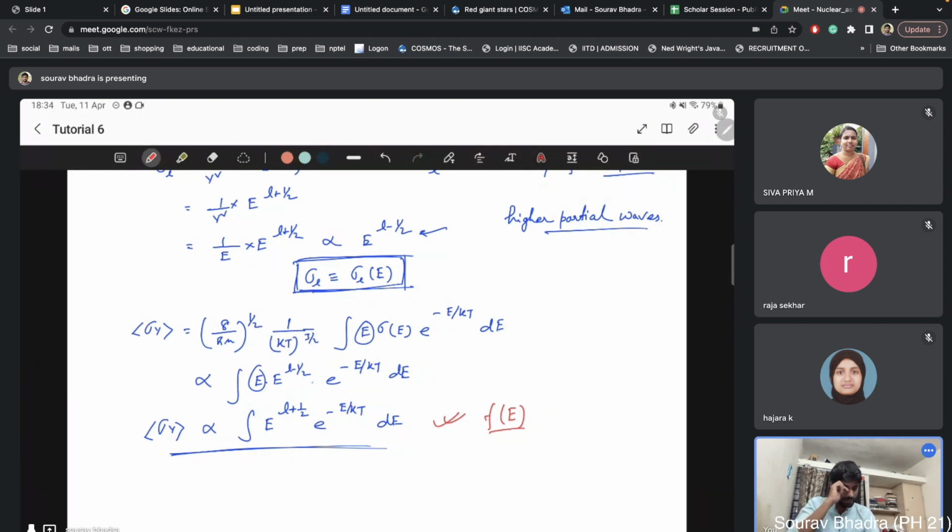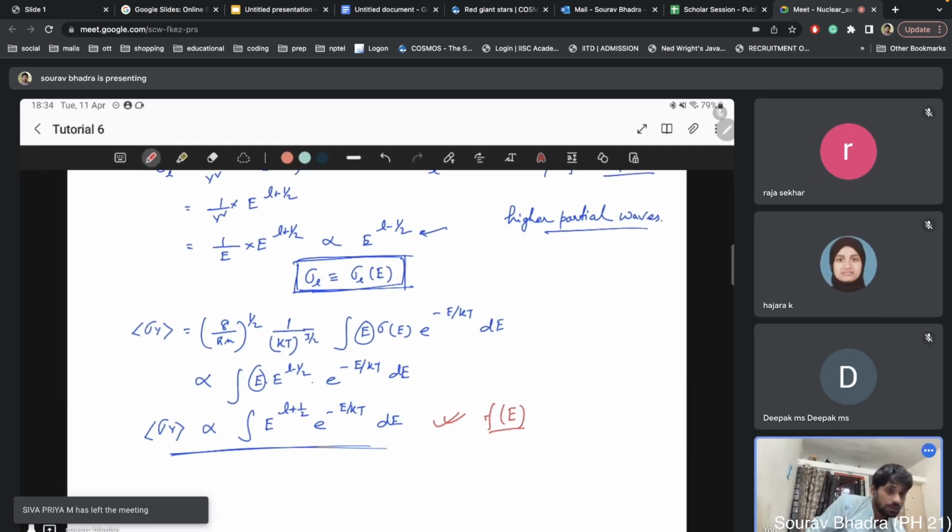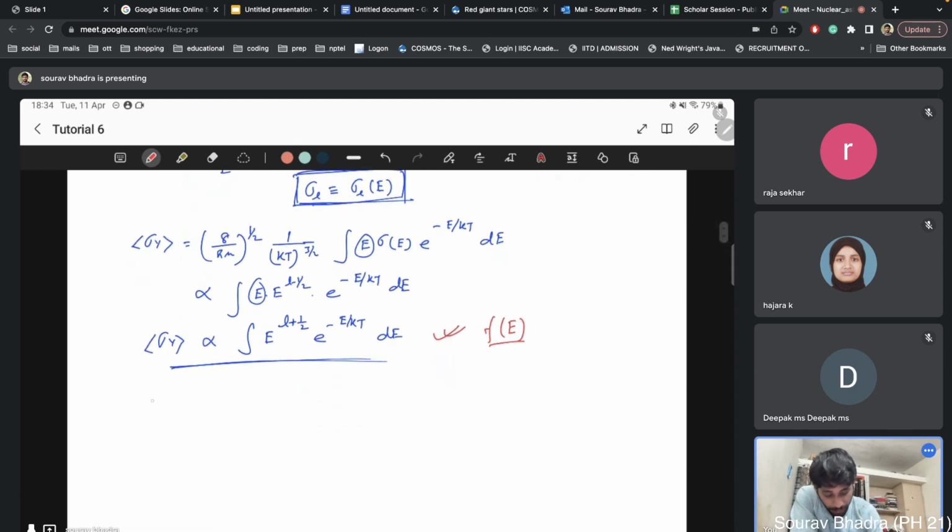If we come across any question, then we will solve it. The main point was that sigma v is not constant in this case.